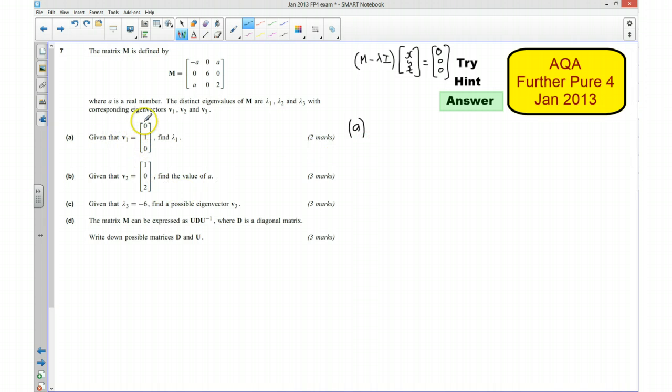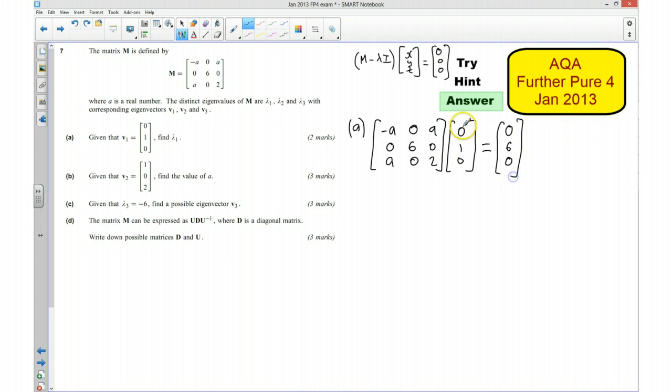we're given this eigenvector and we want to find the eigenvalue, so I'm now going to multiply this matrix, negative A, 0, A, 6, 0, by the eigenvector 0, 1, 0, and if I multiply that out, the top one's going to be 0, that's going to be 6, and that's going to be 0 there.